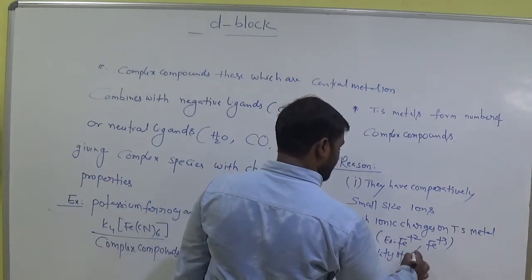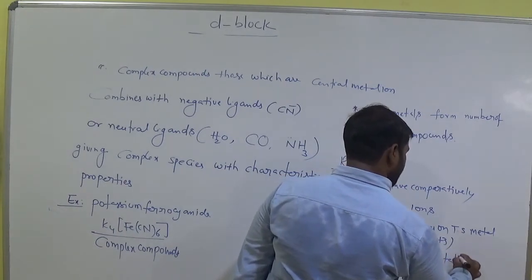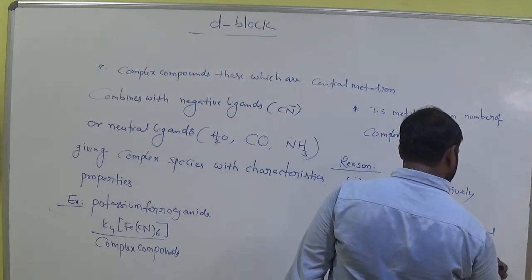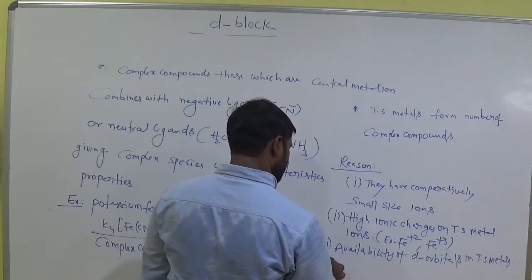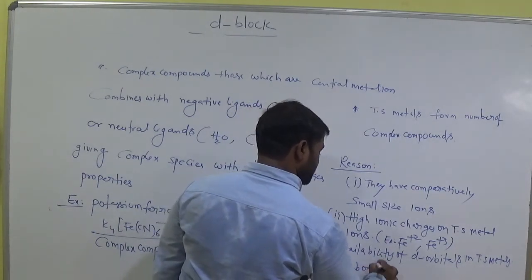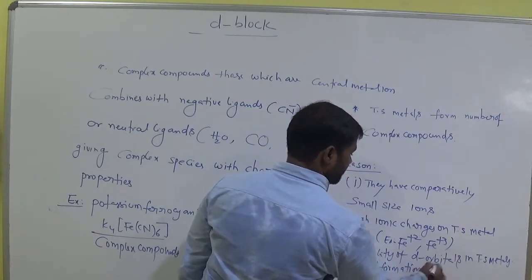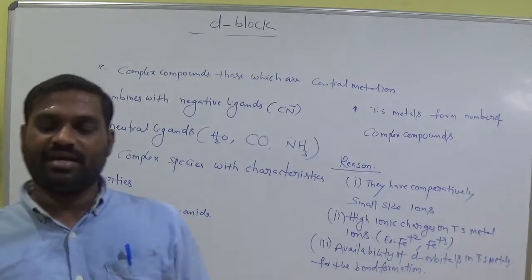Availability of d orbitals in transition metals for the bond formation. So d block elements means more d orbitals are available.